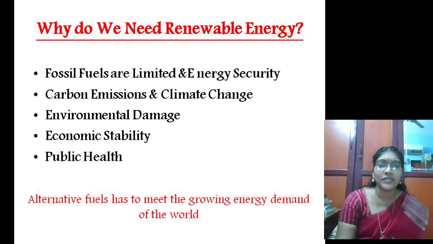And because of these fossil fuels, carbon emission is happening, and it will pollute the environment. Because of the pollution, climatic changes occur, and the environment is getting damaged.